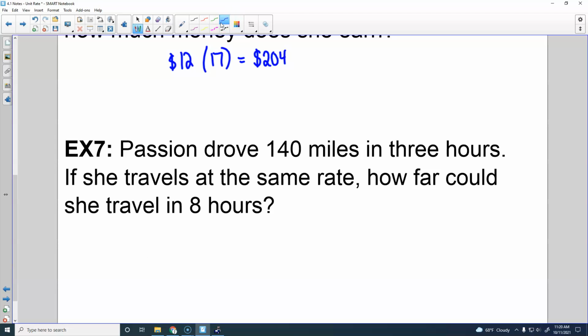Alright, Passion drove 140 miles in 3 hours. If she travels at the same rate, how far could she travel in 8 hours? Alright, everybody hush. Okay. Passion drove 140 miles in 3 hours. If she travels at the same rate, how far could she travel in 8 hours? What you think, Wade?